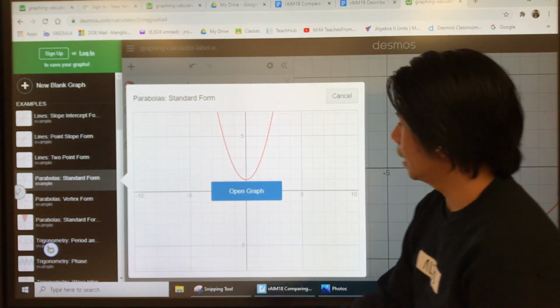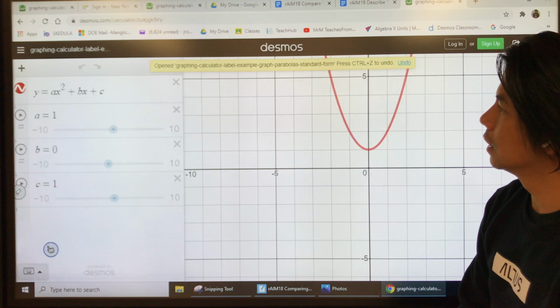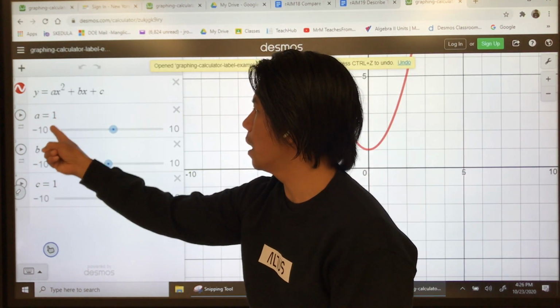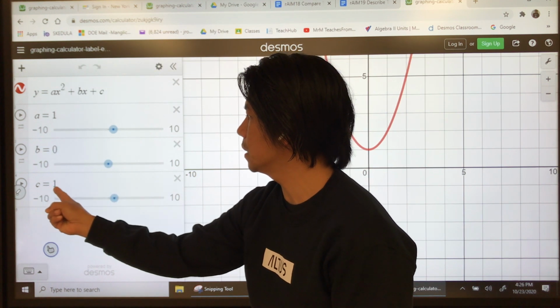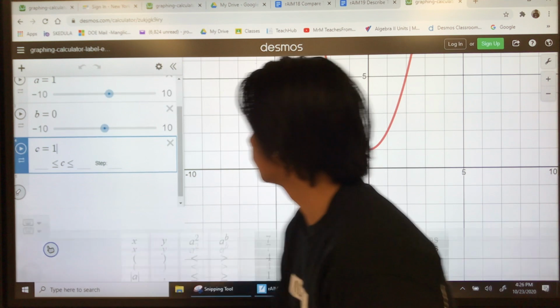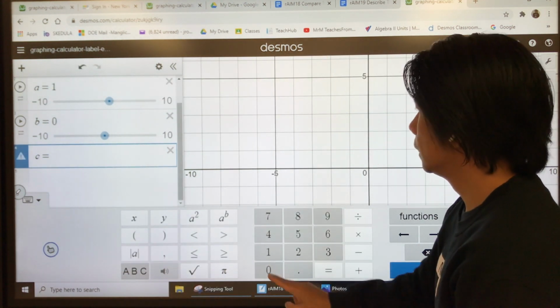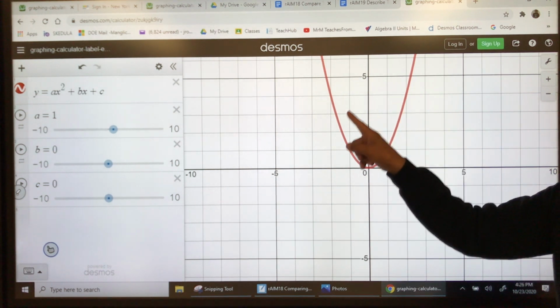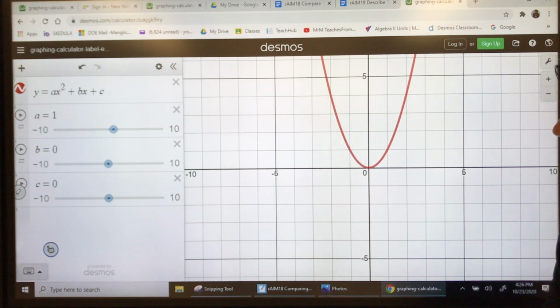Click that and you have a default. Now notice the default is a is equal to 1, b is equal to 0, c is equal to 1. We need to change this to 0 to show the parent graph. This is the parent graph. Okay? So that's how it looks like.